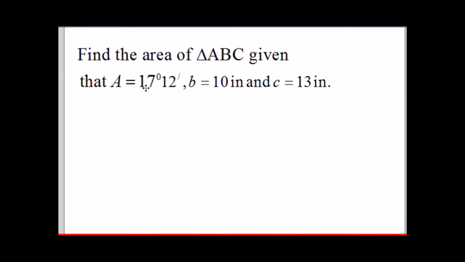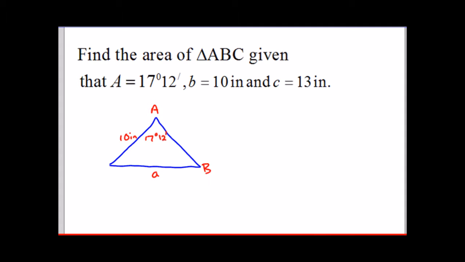So here's one right here. Let's do this one, and I like this example because I threw minutes in there. So it could help refresh our memory. Okay, if we've got this triangle, and I'm just going to go back to my generic triangle. Angle A is 17.2 or 17 degrees 12 minutes. So that means this is side A if that's angle A. Okay, side B is 10 inches.